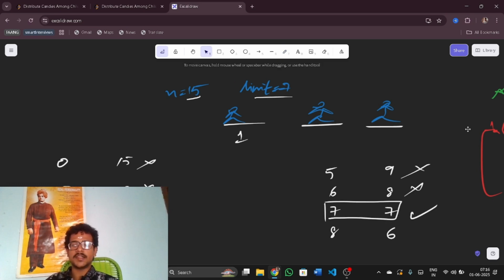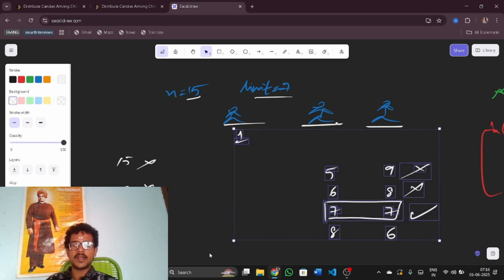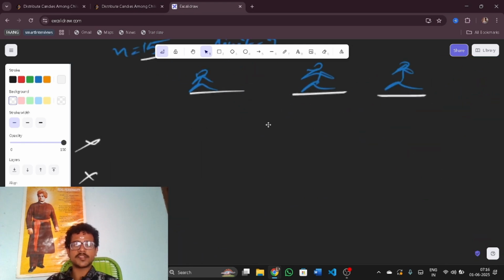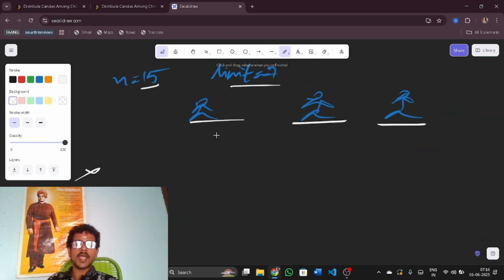Now let us remove this and make it here. I am starting with giving 2 candies to the first child. Now I am remaining with 13 candies. For 13, I will start with 5 again.